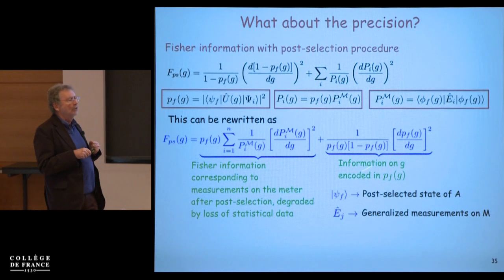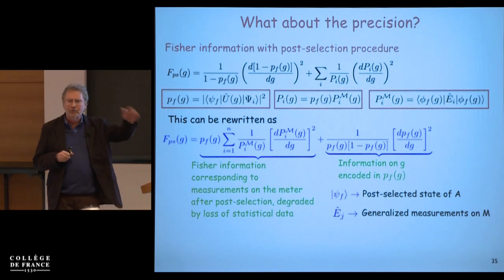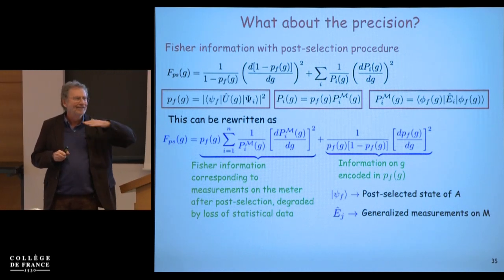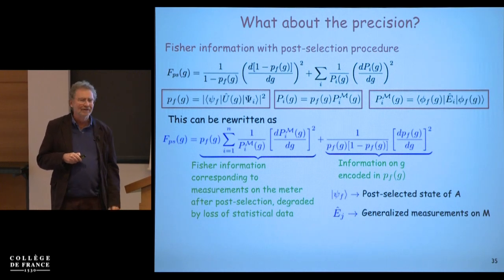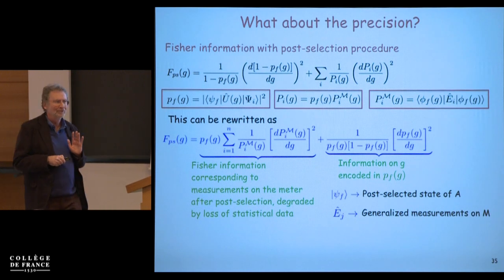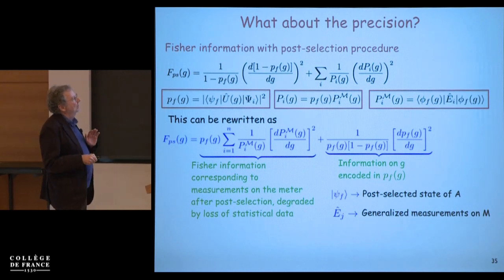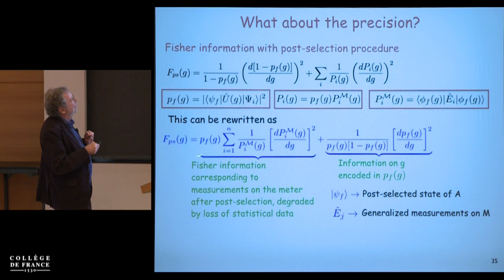Well, if this was the only term, that would be great because you just have to count the number of times you get the post-selected state, and then you get information about G. But you'll see that the situation is not so simple. So by doing that, we have written the post-selection Fisher information as the sum of these two terms.